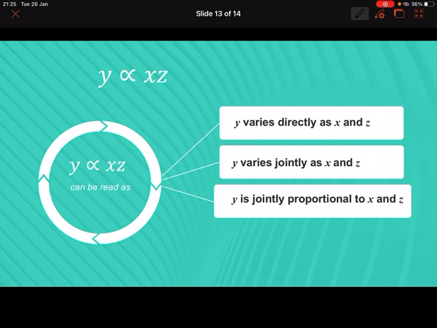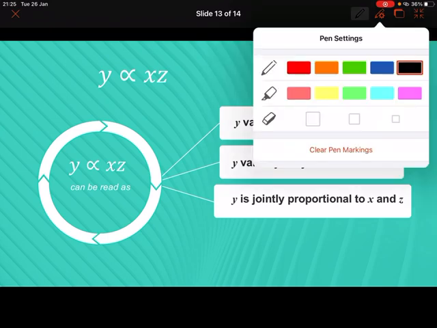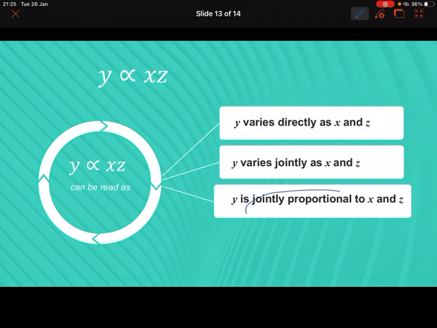Another way is y is jointly proportional to x and z.